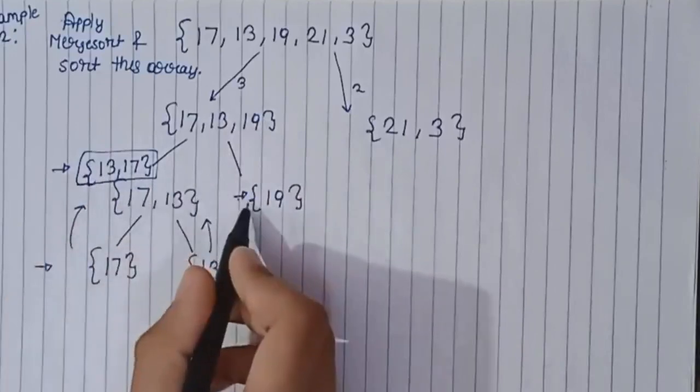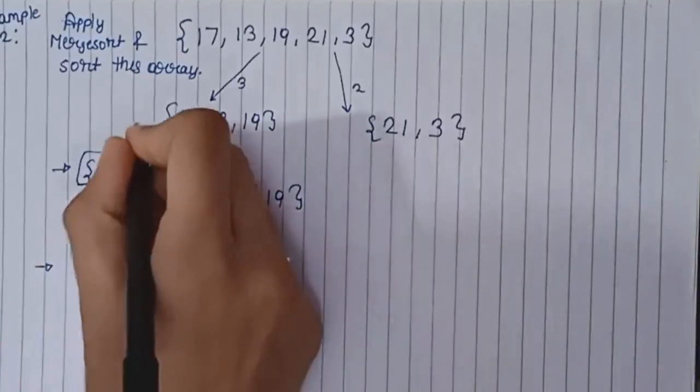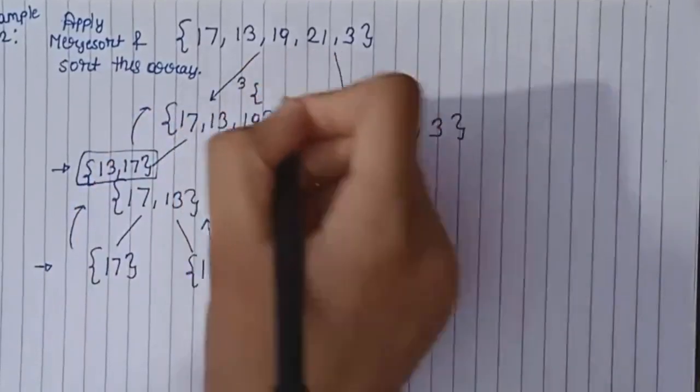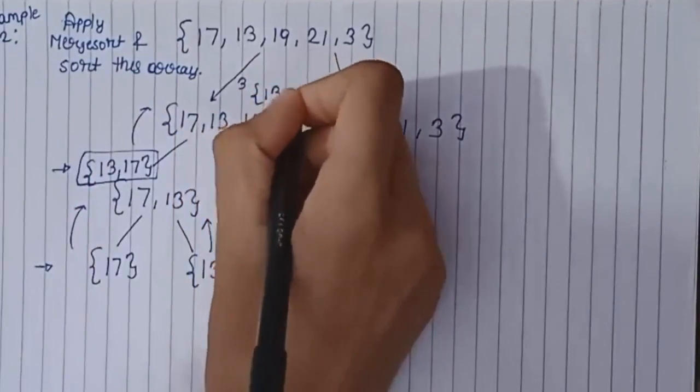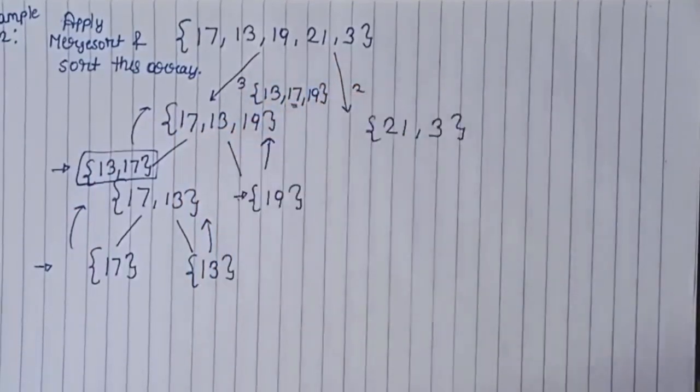You can compare it with the definition that I have told you earlier. Now again I will merge them. So here I will get 13 comma 17 comma 19. Now this is a sorted array.